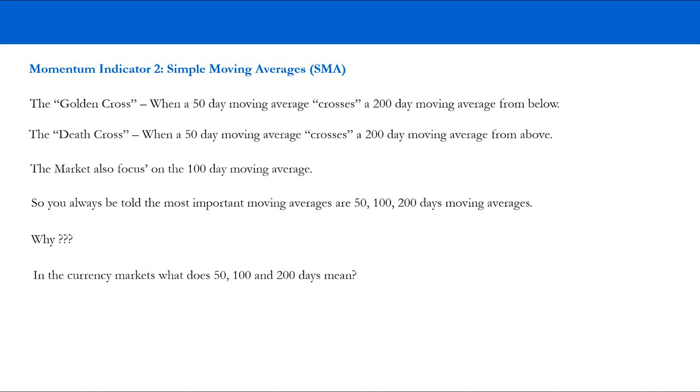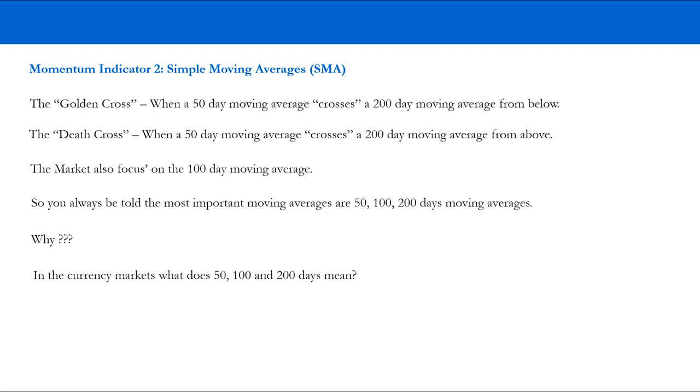The phrases that are most commonly used in the financial markets are, for example, a golden cross when a 50-day moving average crosses a 200-day moving average from below. Or we have another one which is called the death cross, and that's when a 50-day moving average crosses a 200-day moving average from above.